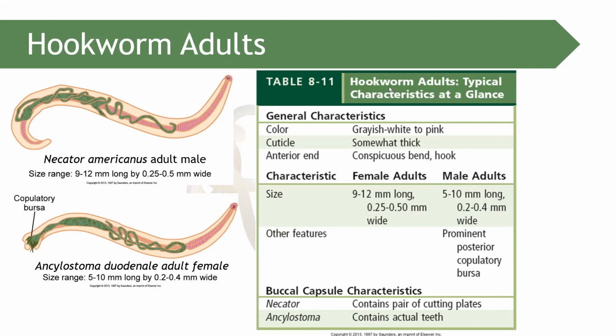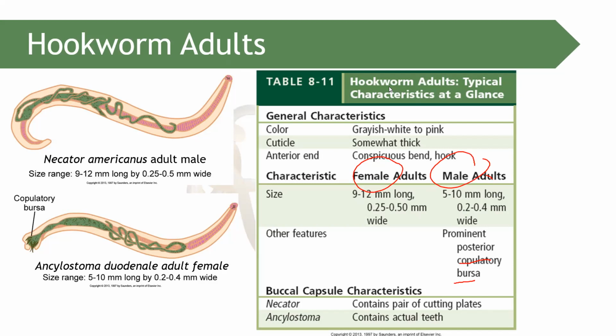Okay. Now, in terms of size, definitely, female is larger than male. Now, the other feature of our male and female is their copulatory bursa. The copulatory bursa of our hookworm is prominent pagdating sa male.